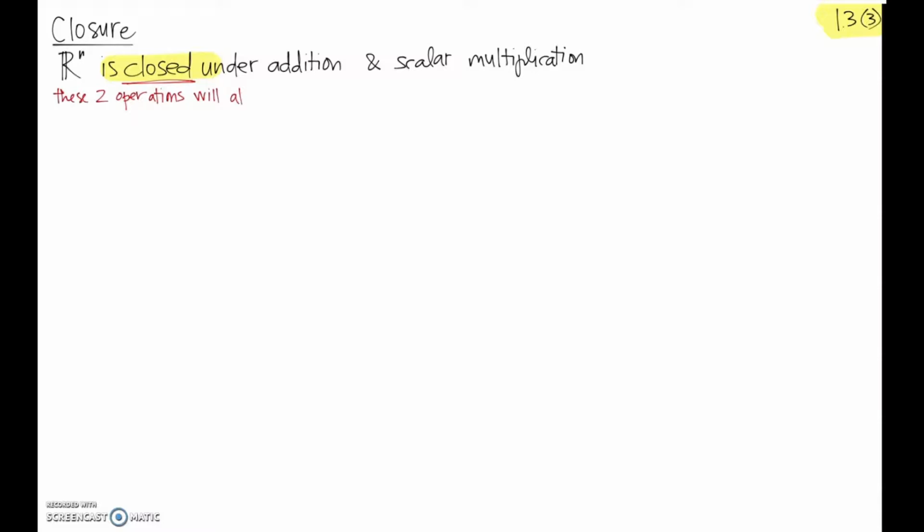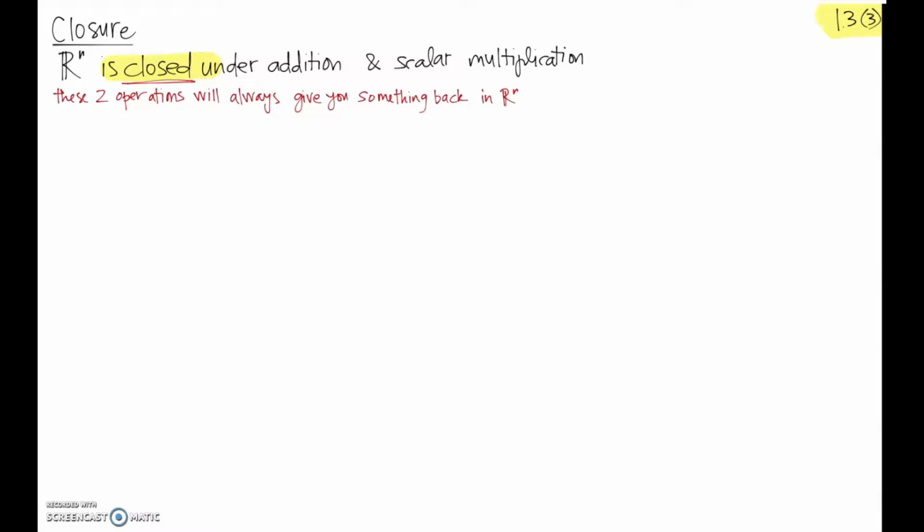Your end result will still be in Rn. If you add 2 elements of R5, you're going to get another element of R5.